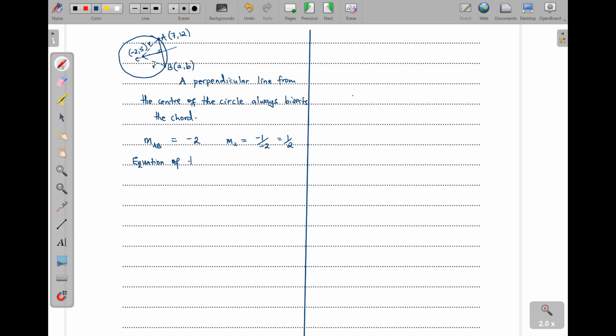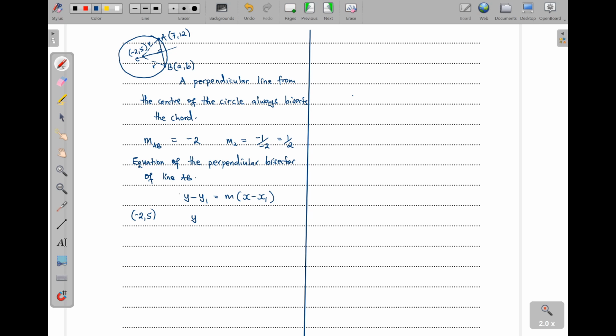Now let us find the equation of the perpendicular bisector of line AB. Now we have y minus y1 is equal to m times (x minus x1). This perpendicular bisector passes through the center of the circle, (-2, 5).